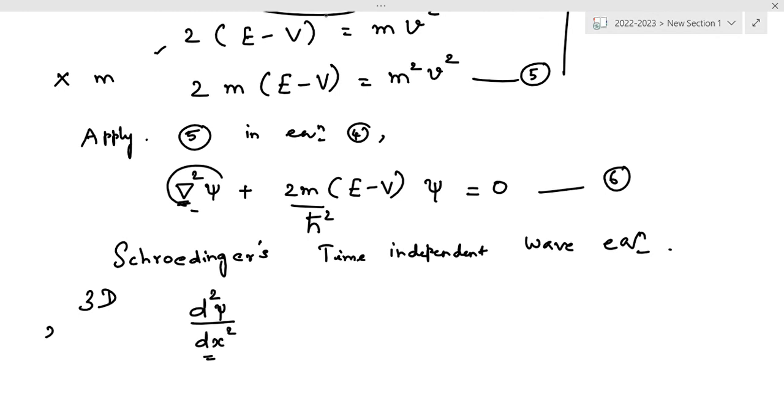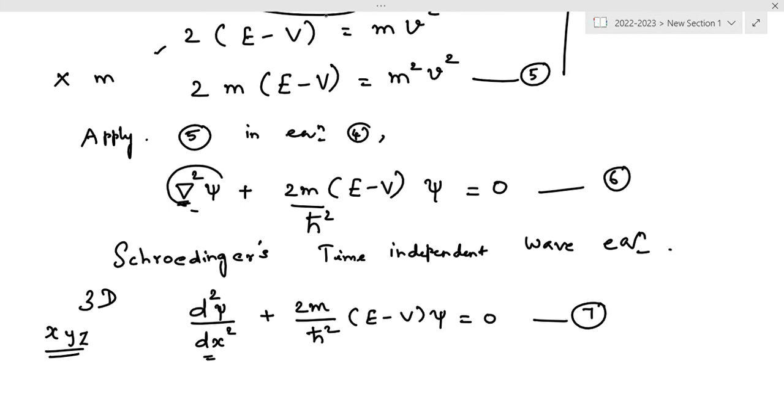We know that x, y, z are 3 dimensions. Any one dimension should be taken. Usually we take x: d square psi by dx square plus 2m by h cross square (E minus v) psi is equal to 0. So this is Schrodinger's time independent wave equation for a particle in one dimensional form. This is for three-dimensional form.